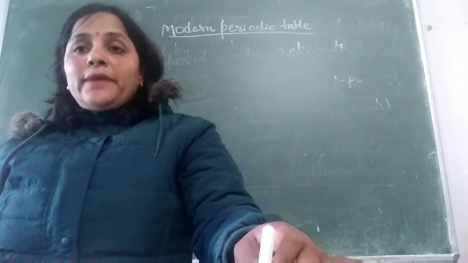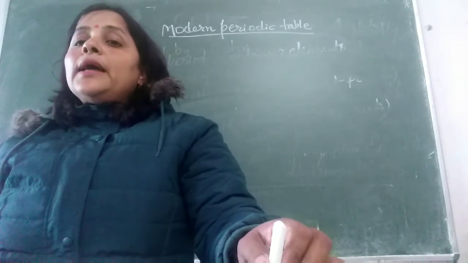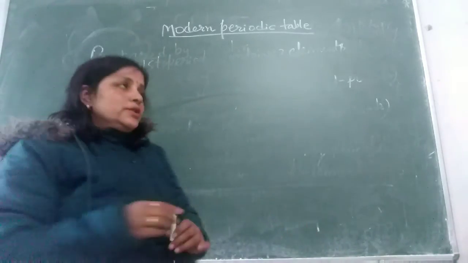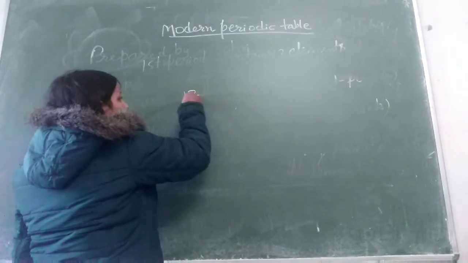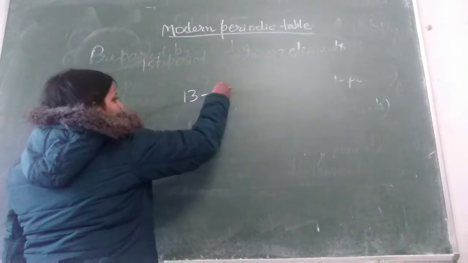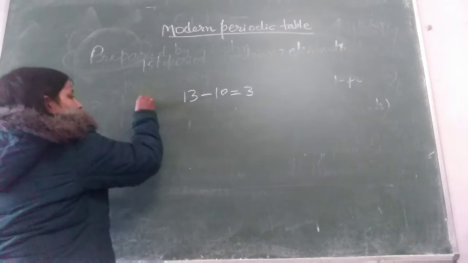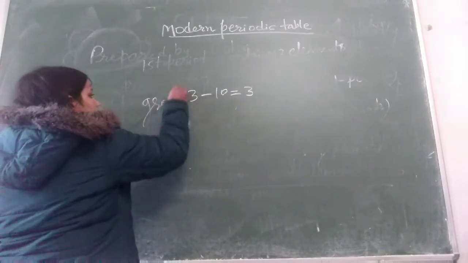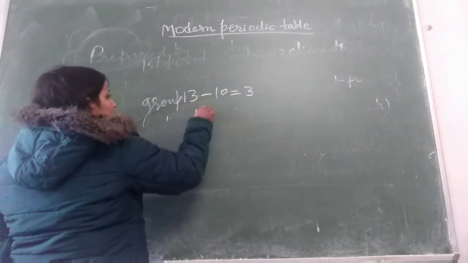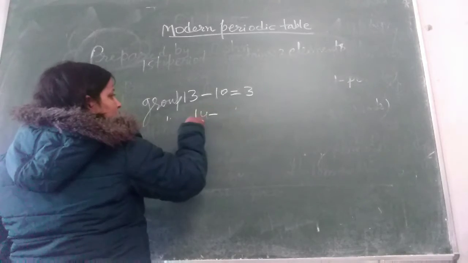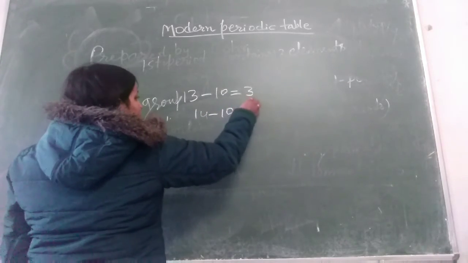When we talk about group 13, the valence electron is equal to group number minus 10, that is 13 minus 10 equal to 3. For group 14, valence electron is equal to 14 minus 10 equal to 4.